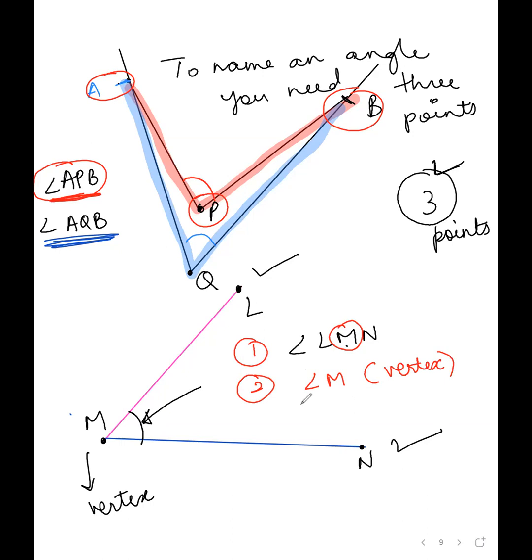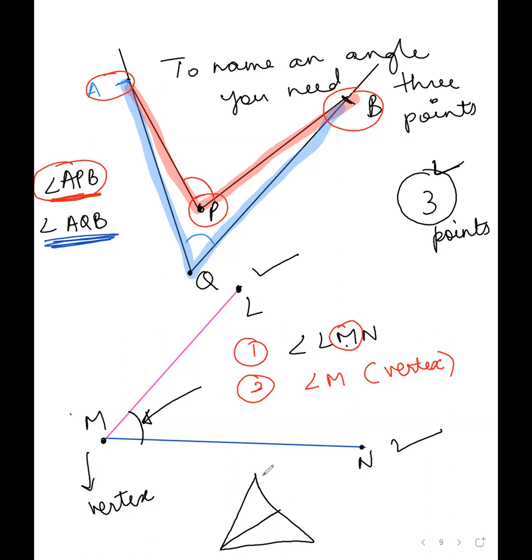Remember that this second way of naming an angle is useful in many situations, but in some situations you cannot name an angle like this. Do you want me to give you examples? Okay. Let's say you have a triangle over here, and this is a line segment.